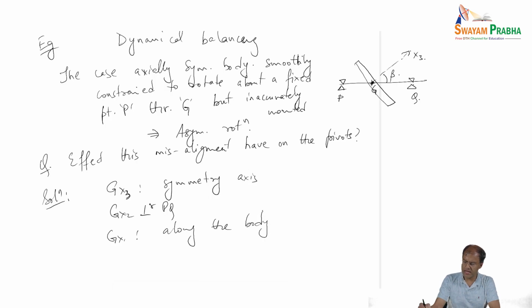So this is my x1 axis, and x3, and x2 is perpendicular to PQ, so this is my x2 axis.